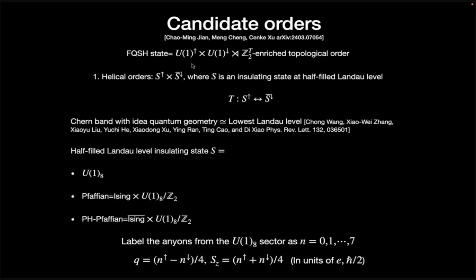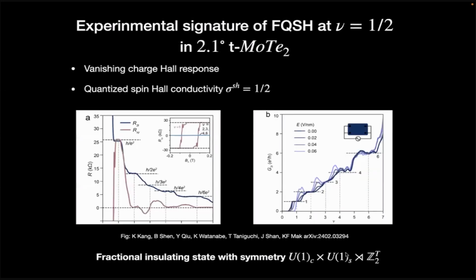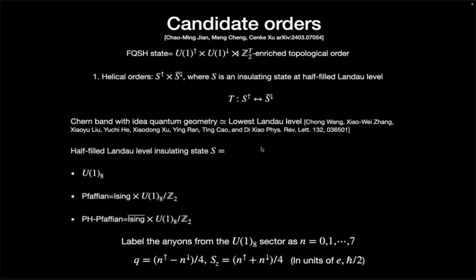The relevant symmetry here is 2 flavors of U1 symmetry and a time reversal symmetry that exchanges these 2 U1 symmetries. These 2 U1 symmetries are a reorganization of the U1 charge and U1 spin here. Basically, you can view the electrons in the K valley and K prime valley as separately conserved. And so the time reversal symmetry just exchanges the K and K prime valley.